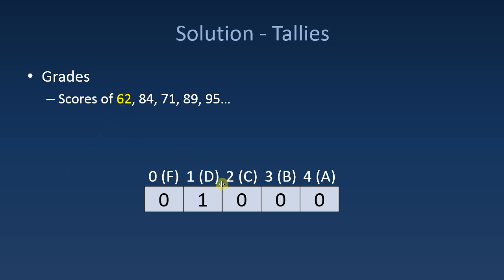So I see a 62, I figure out that that's a D, I increment that counter by 1. And I see 84, I increment the B counter. See 71, increment the C counter. See an 89, increment the B counter again. And so I'm just keeping track of a running total of how many of each grade I've seen.